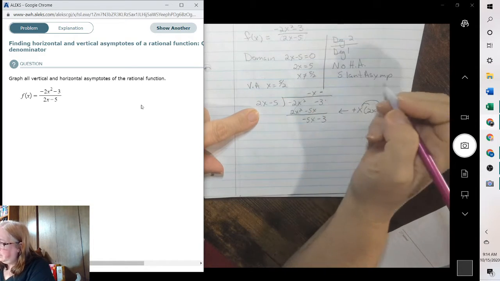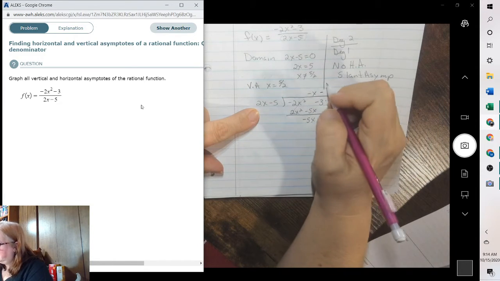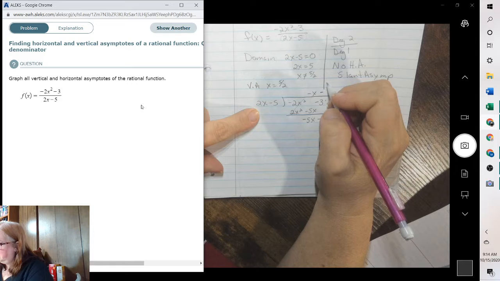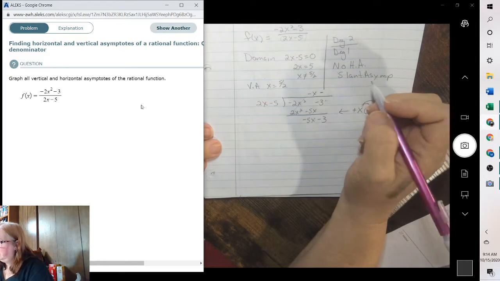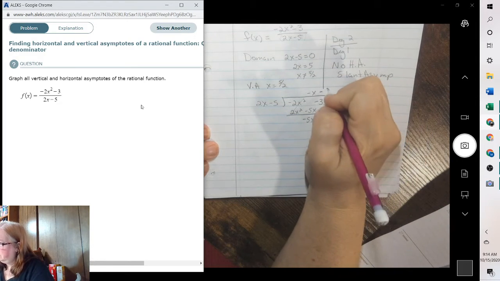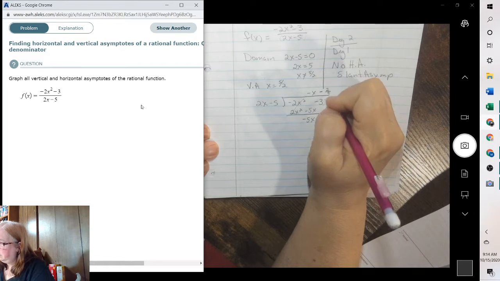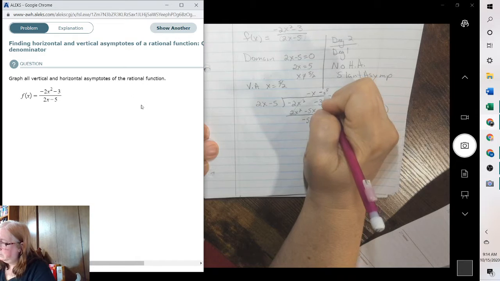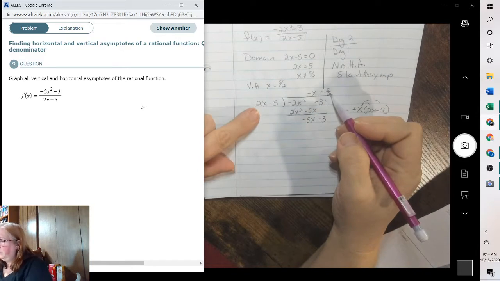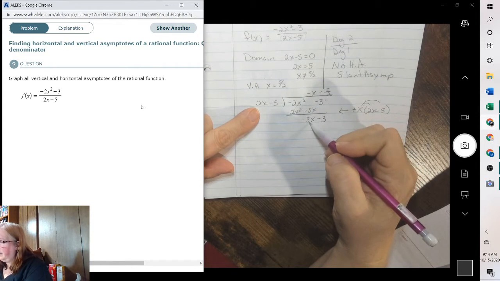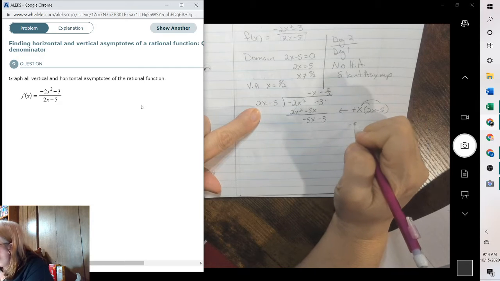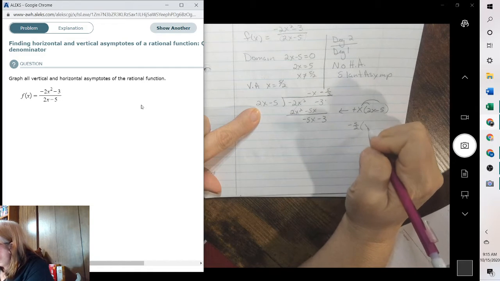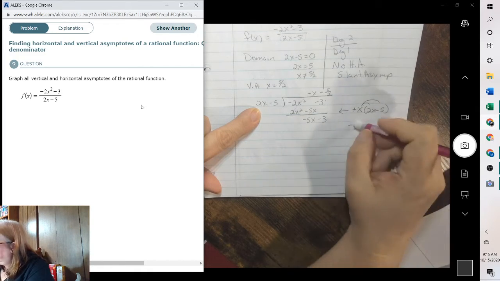A negative 5/2, because if we multiply these, we'll get negative 5.